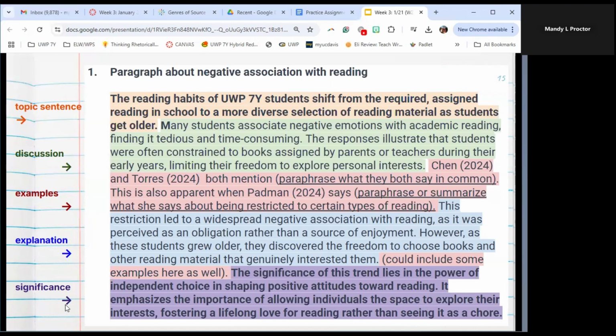So that really wraps that paragraph up and discusses the significance, because you definitely want to explain what the significance is. And you'll see there's a balance in this paragraph, where we have some discussion, we have some examples, we have some discussion, we have some possible other examples, then we have the significance. So this is what a paragraph that you write for practice assignment 3 might look like.